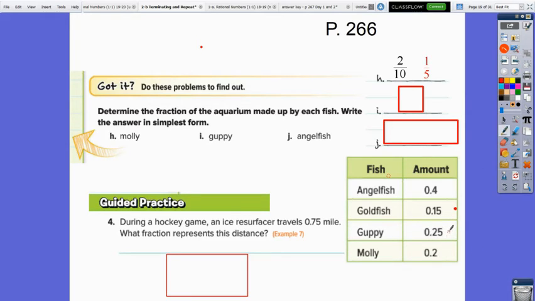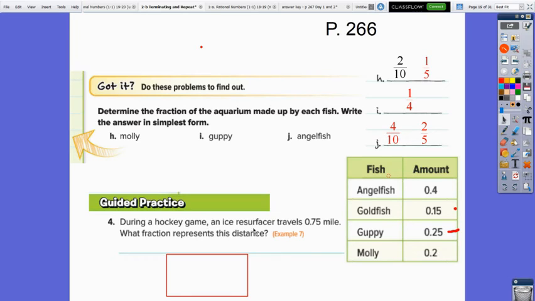You should know without having to use a calculator or writing a fraction out that 0.25 as a fraction is 1/4. Okay, you should really know a quarter, a half, and 3/4. The angelfish, 0.4, one decimal place here, so that means it is 4/10. 4 and 10 are both even numbers, meaning they are both divisible by 2. So divide by 2 and you get 2/5.